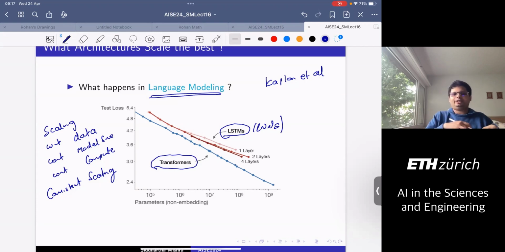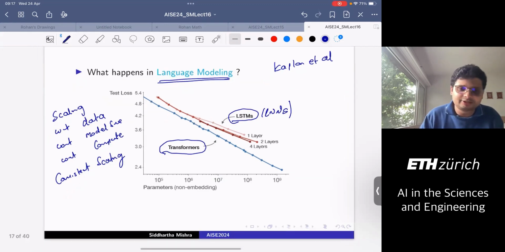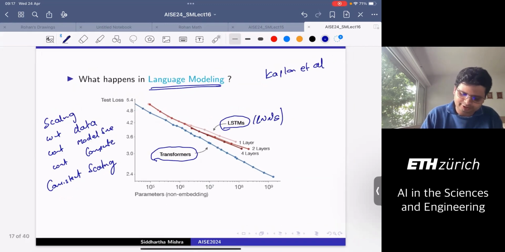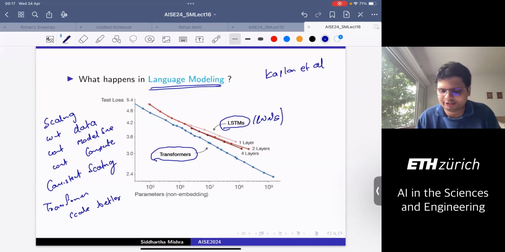And as you saw in my previous lecture, and the lecture before, the first hour of today's lecture, we observed similar kinds of scaling rules with what we are doing. So that realization has also caught on to us, but let's say 3-4 years later. So there is consistent scaling. And the most important thing is that among all these architectures, at least for language modeling, transformers really shine in that they scale better.